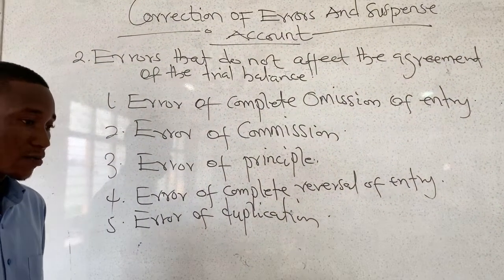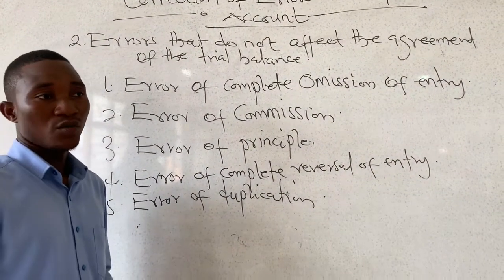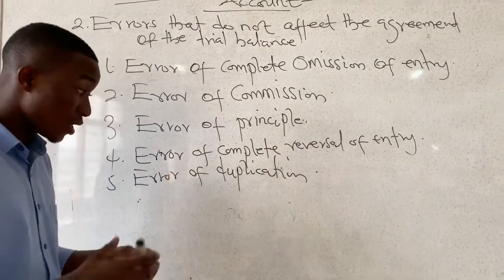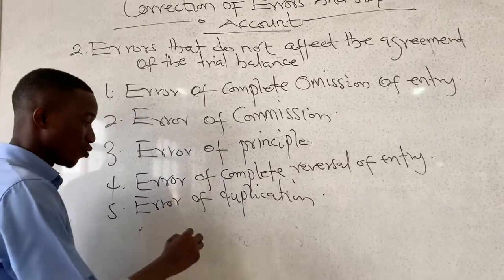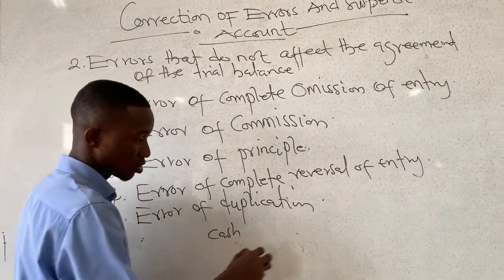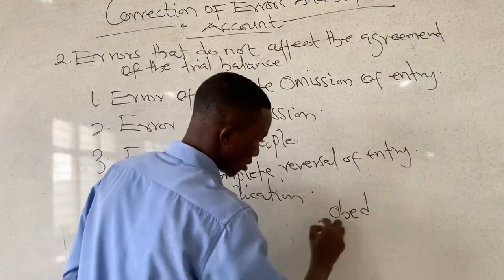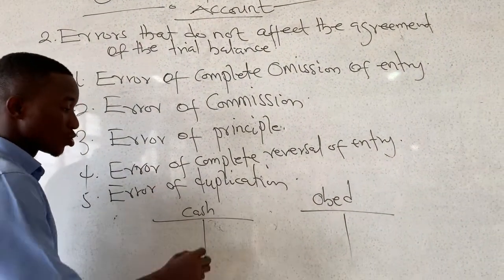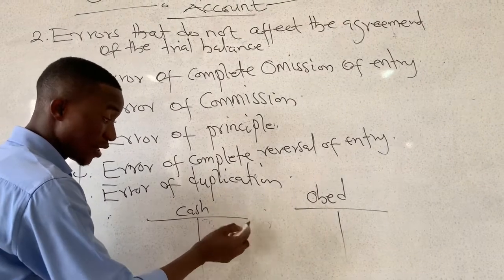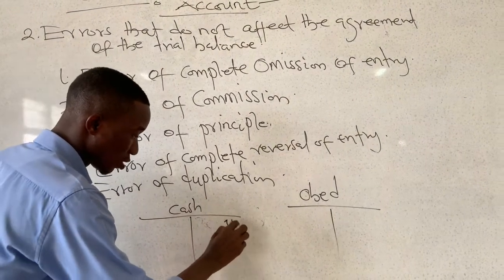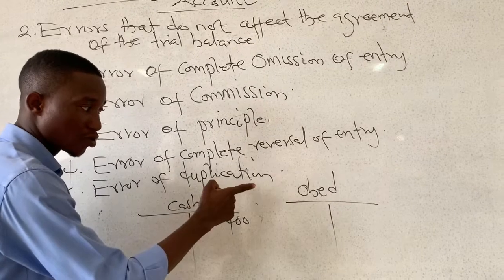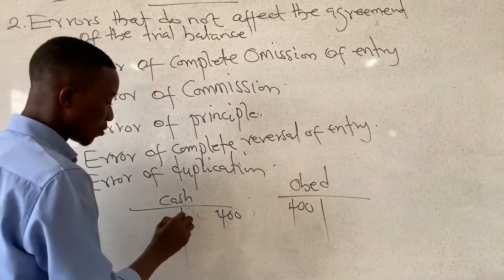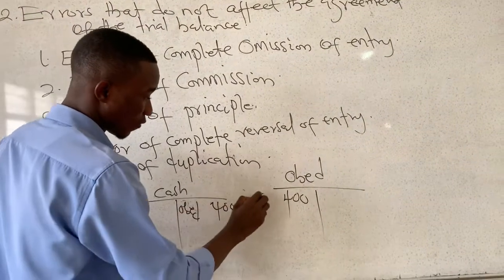So let's say that today we paid cash to Obed. So we have our cash account and Obed account this way. That is today's transaction. We've paid cash, so we credit cash, let's say $400. We paid cash to Obed, so we debit Obed by $400. So this is in the name of Obed, in the name of cash.